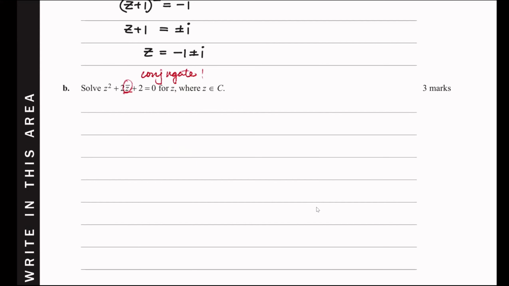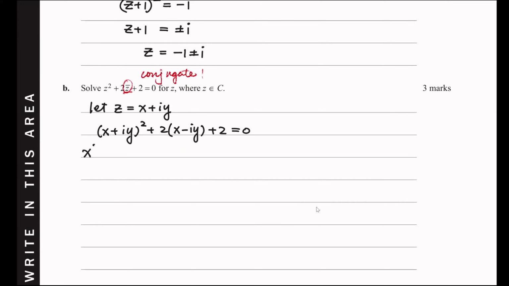To solve this equation, we can use a technique, let's say, substitution. Let z equals x plus iy, and then (x plus iy) squared. Sub that into the equation, plus 2 lots of (x minus iy), plus 2 equals 0.